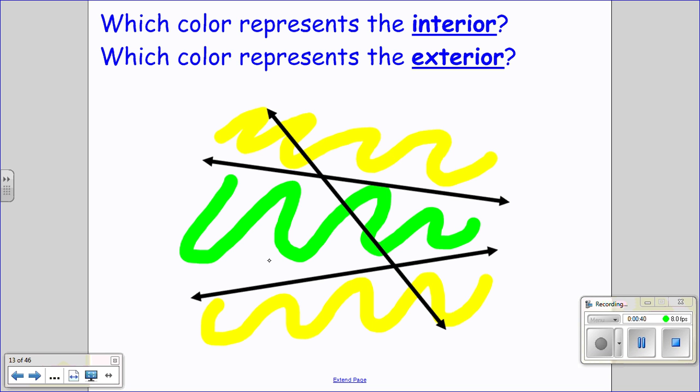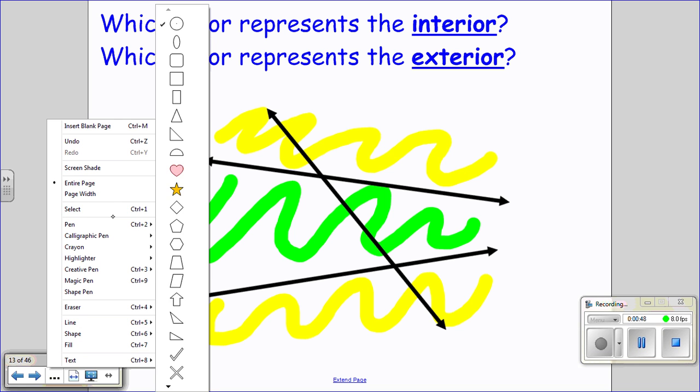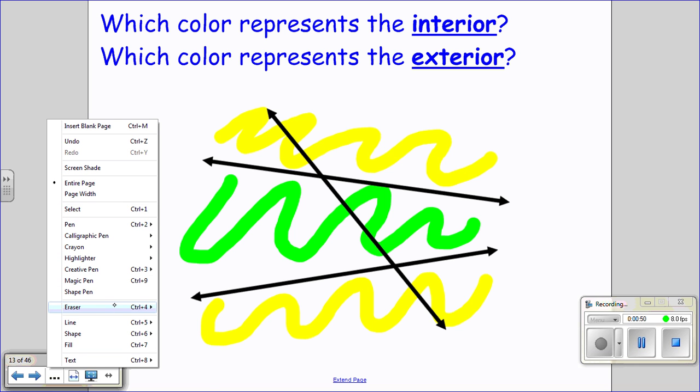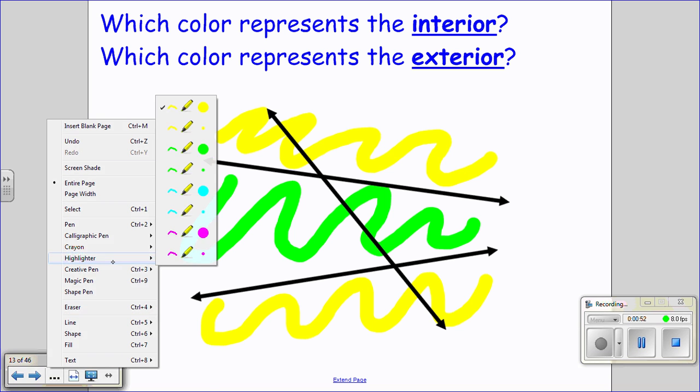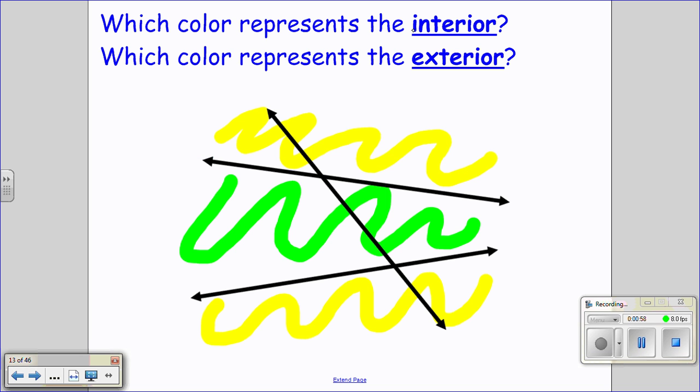Now we need to discuss the difference between interior and exterior. Interior, think of interior design, and if it's interior design, you're designing the inside of your house. So interior is inside, so it is represented by the color green in this illustration.